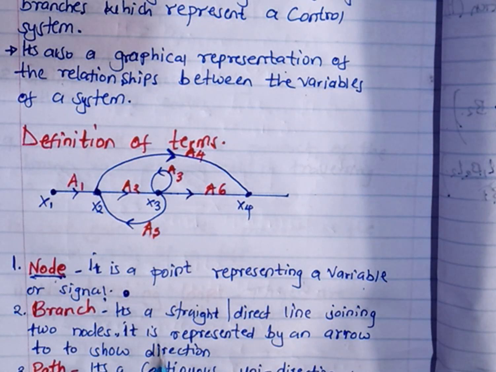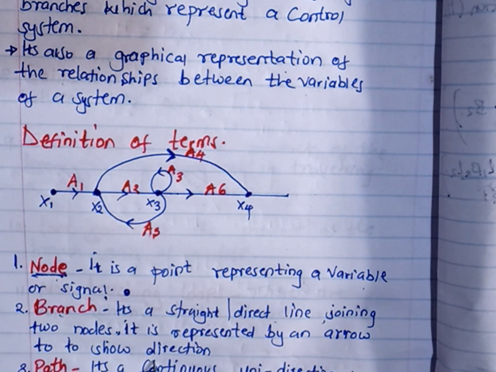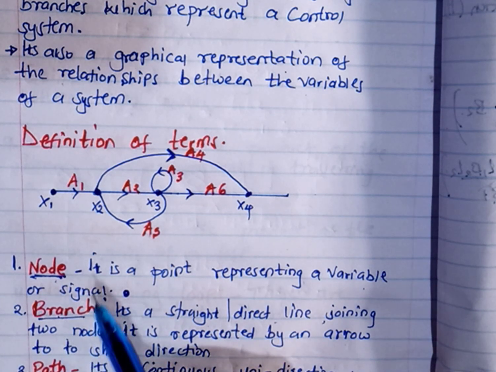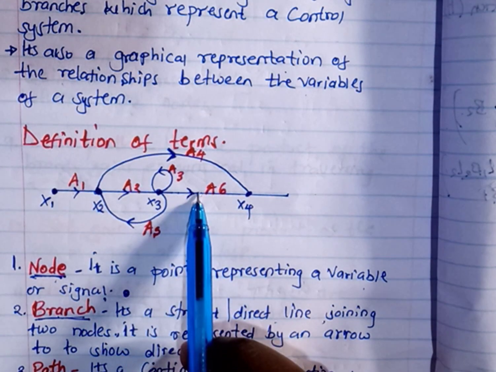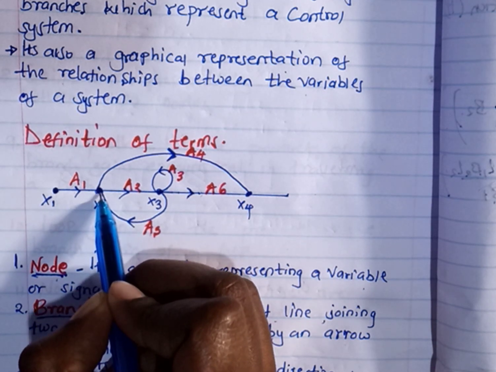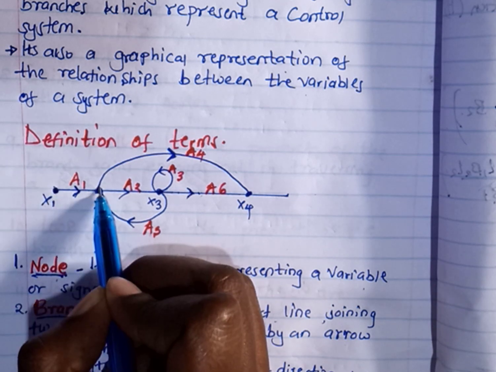Our second term is a branch. A branch is a straight, direct line that is joining two nodes. It is represented by an arrow to show direction. When I come to this diagram, I have this node here and this other node here, so this straight line joining the two nodes is my branch.